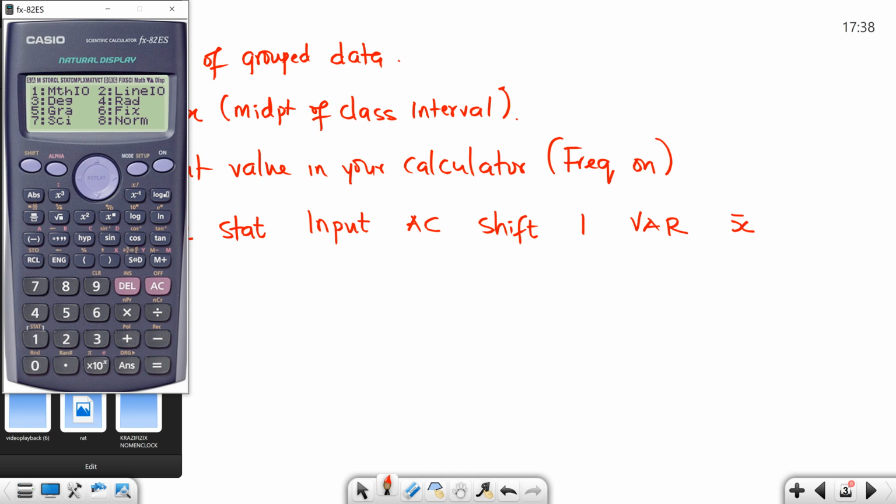Now, use the cursor button, go down. You should get to this page. Statistics, 3. Frequency on or off. Switch it on, 1. And we're done. Now, if we go back to mode, stat, VAR, it has changed.